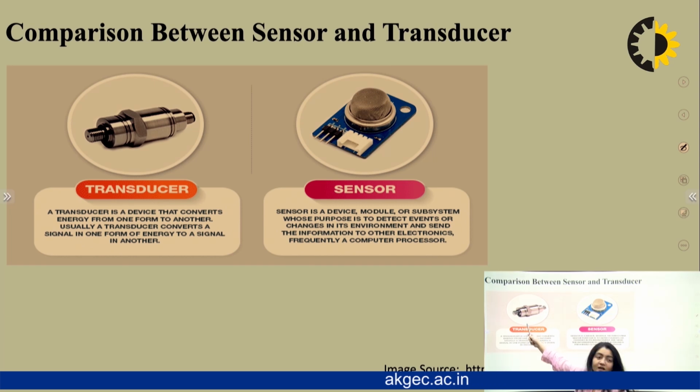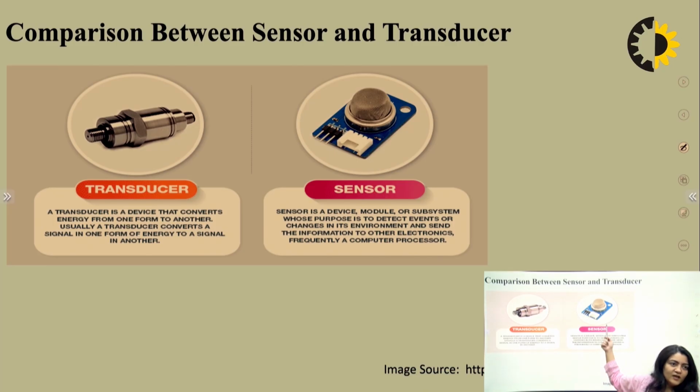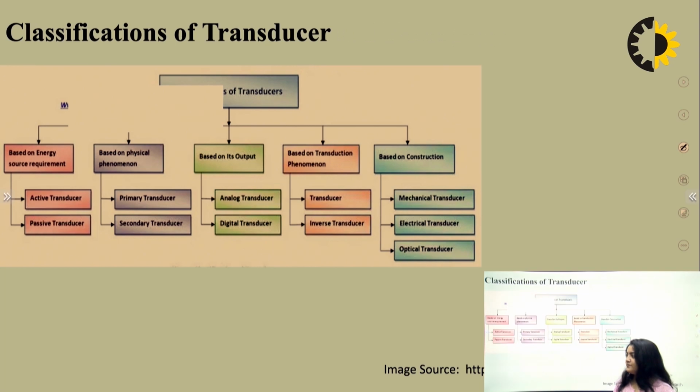It has a sensing element plus a transduction element, that is a signal conditioning element within itself, and this is a sensor that you usually use in your laboratory experiments or some IoT based projects. You see these kinds of sensors. This is a gas sensor. This is the difference between a sensor and a transducer.